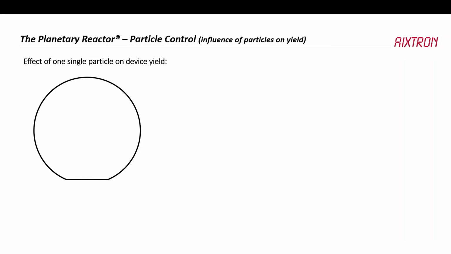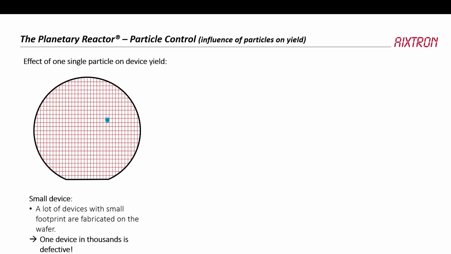Another effect, obviously, is particles, and as a simple example, let's have one particle here, and we're producing small devices like small LEDs. Then one device in 1,000 is defective.